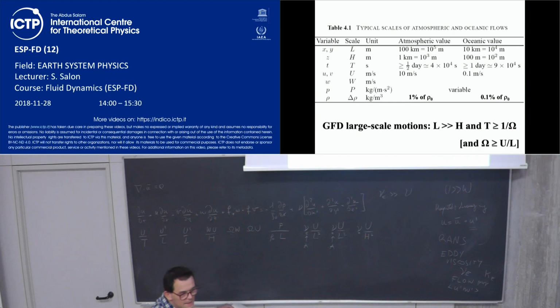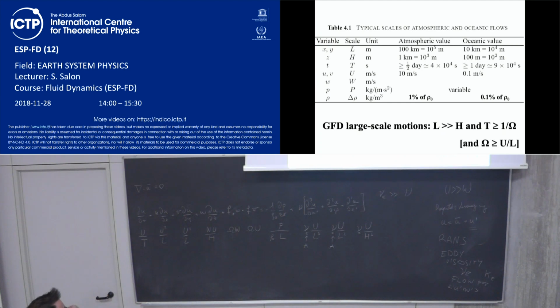This is related to the fact that we are working with flows which are basically 2D, where the horizontal dimension is much larger than the vertical one, and the horizontal velocity is much larger than the vertical one, okay? So don't be lost, read the section, and everything will be fine.